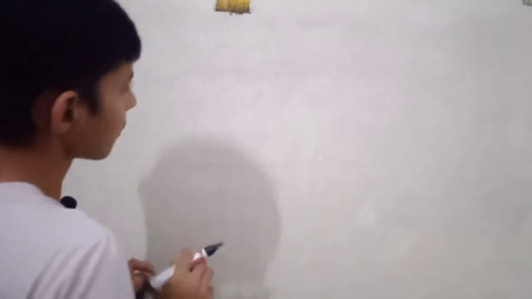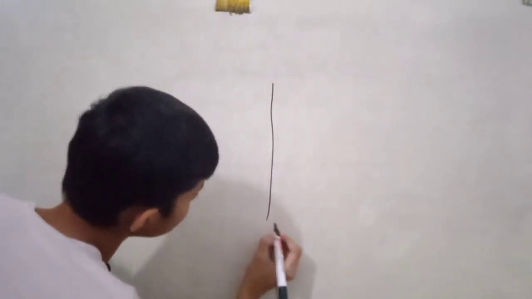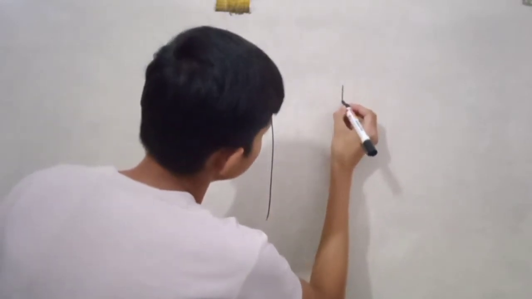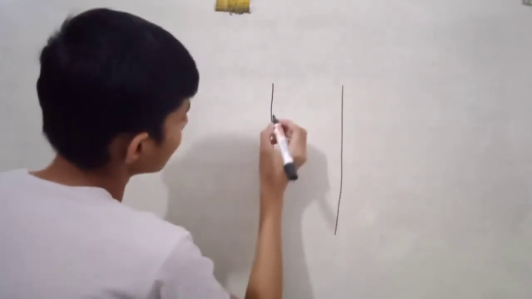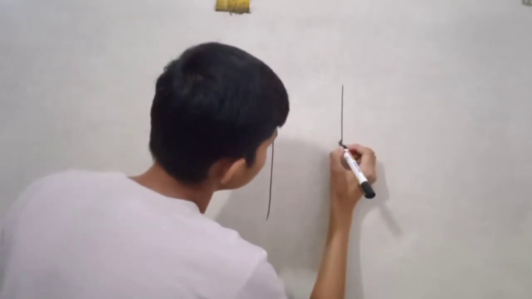Hello friends, in this lecture we will see what happens when the direction of current in two wires is same or different. So let's begin. This is our first wire, this is our second wire, and the direction of current in both the wires is same.